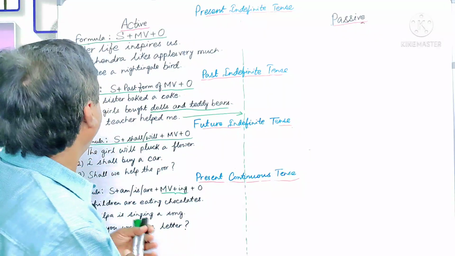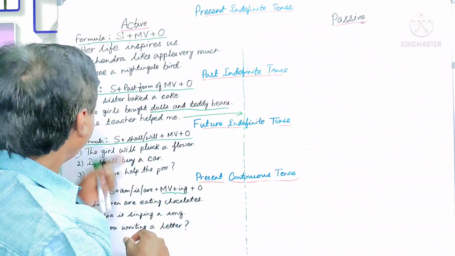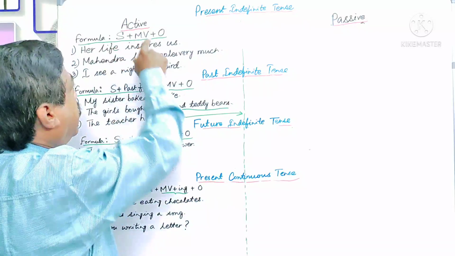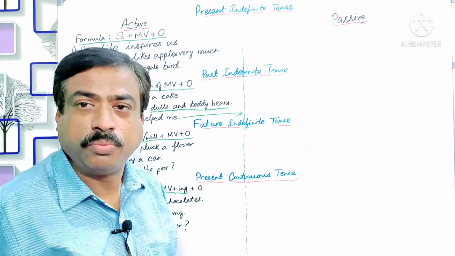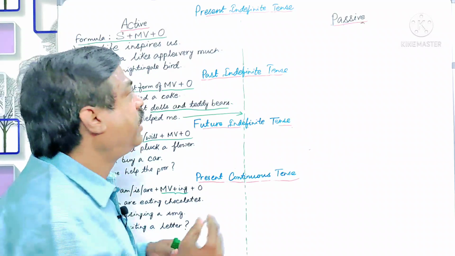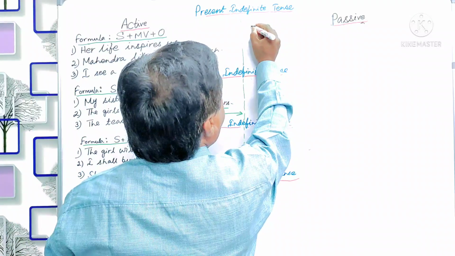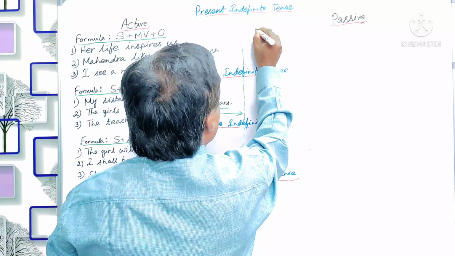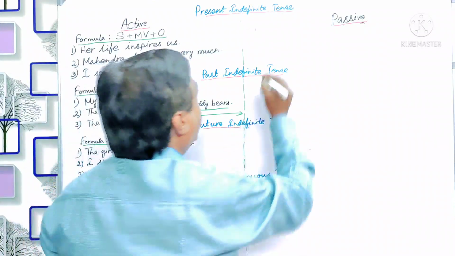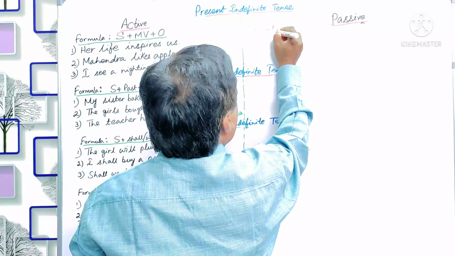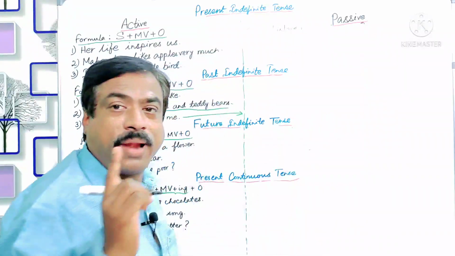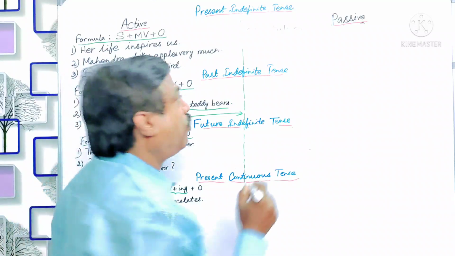So here the formula in the active voice in the present indefinite tense is subject plus main verb plus object, and in the passive voice we write the formula as subject plus am, is, are plus past participle form of main verb.